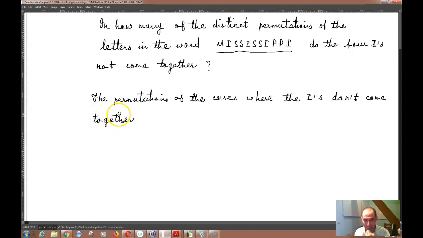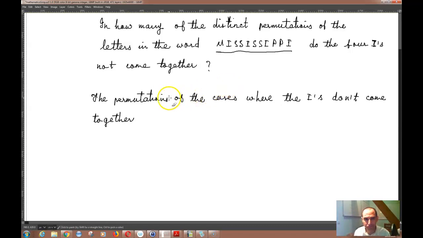There is no way to define this situation, or to define some sort of condition for that. So we need to do something else.